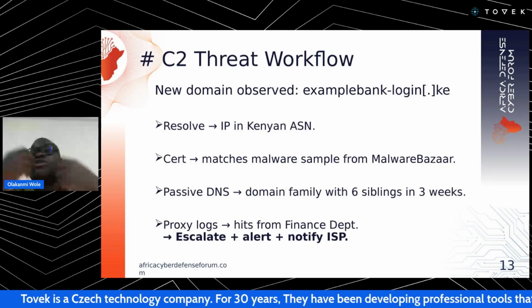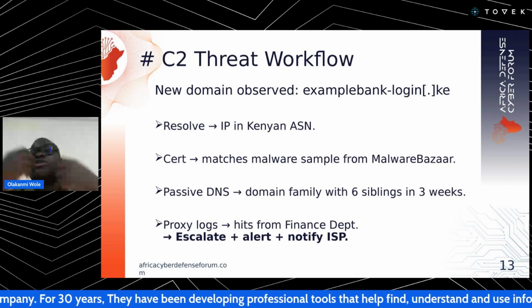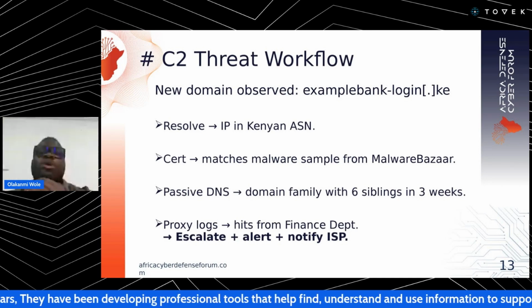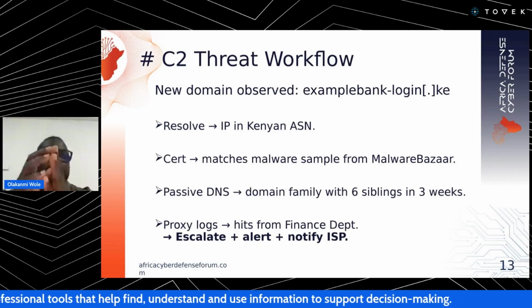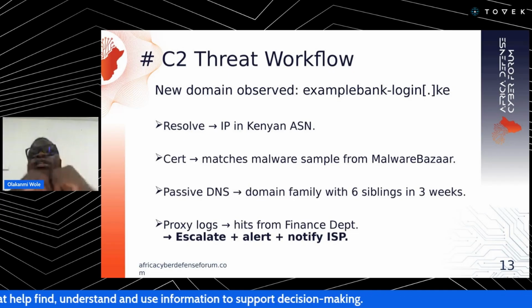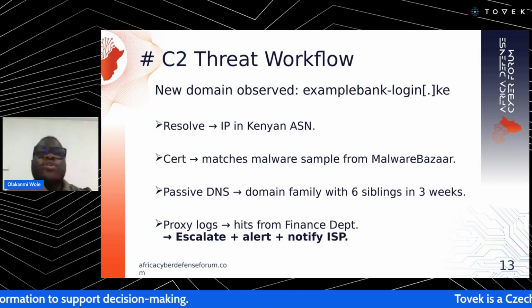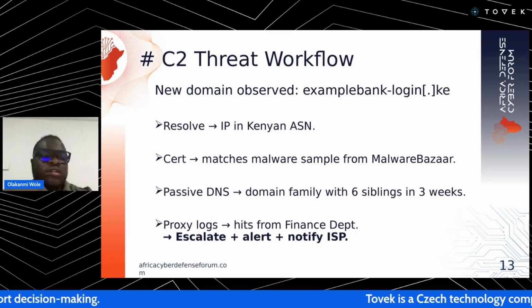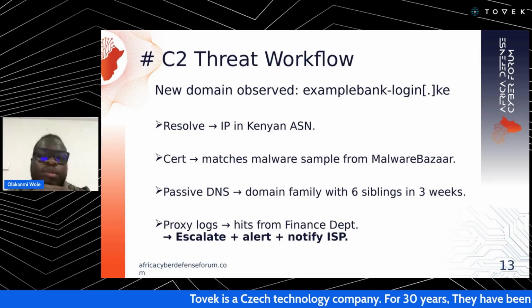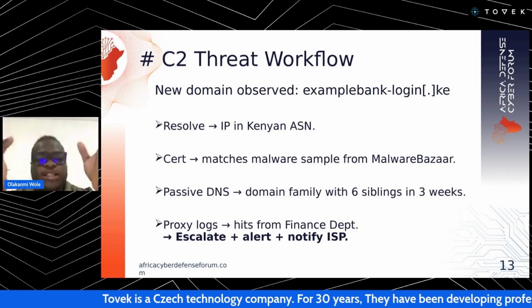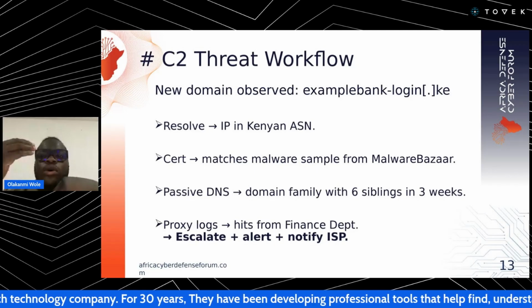And in a malicious case, right, we've now been able to see that this particular infrastructure has certificates being reused, and these certificates being reused on this hosting infrastructure belong to a malware family, right? And we've also identified fast flux activities.